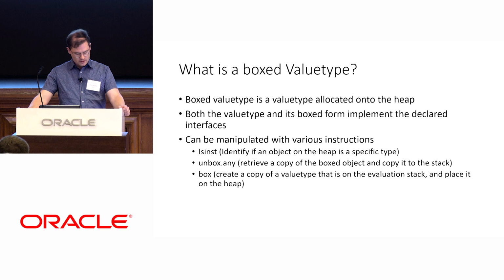Most interestingly, you can find out what type an object is using the isinst IL operation. You can take a boxed object and unbox it and put it on the stack to access the fields and such. Given a boxed object, if the value type implements an interface, you can call interfaces on the boxed object as it exists in the heap. And then, any function on a boxed object can be invoked via a delegate or via reflection.